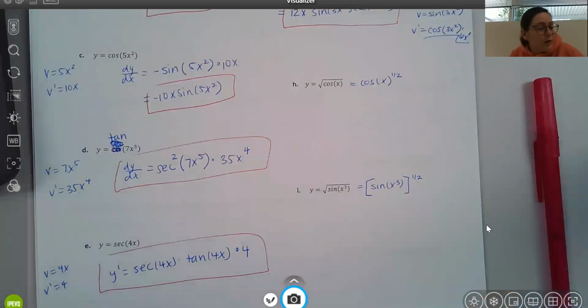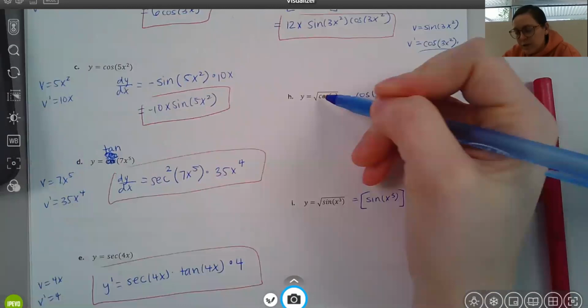You can see my rewriting before I take the derivative. Here, square root of cosine is just cosine to the 1/2.